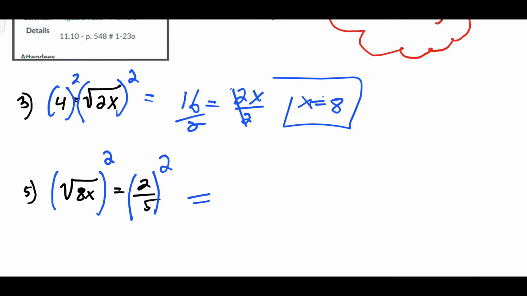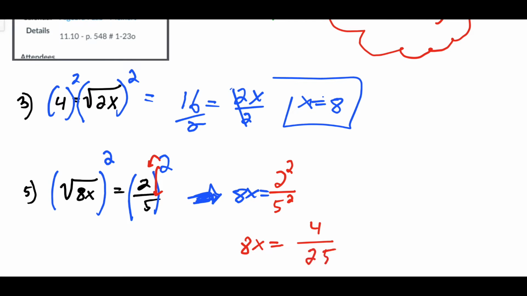So 8x equals, and then you can think of it as applying the little power to the invisible 1 there and applying the power to the invisible 1 there. So it's really going to be 2 squared over 5 squared. So then 8x equals, what's 2 squared? Well, 2 squared is 4, but what's 5 squared? 25.